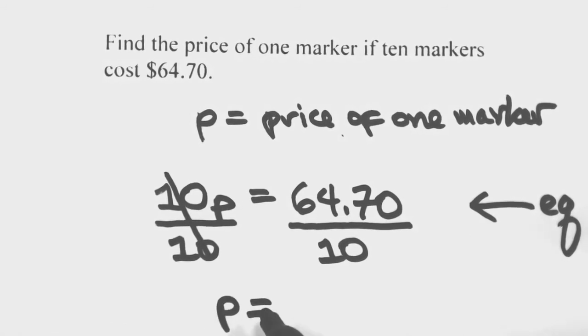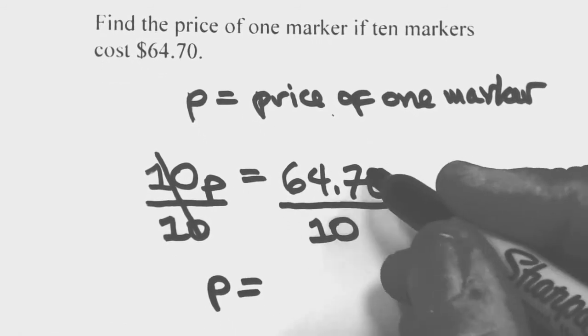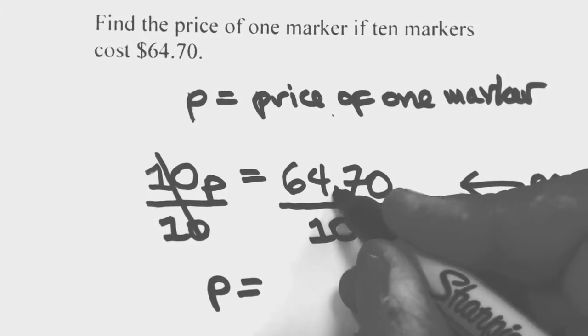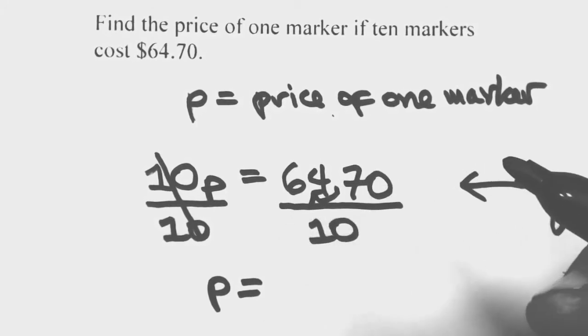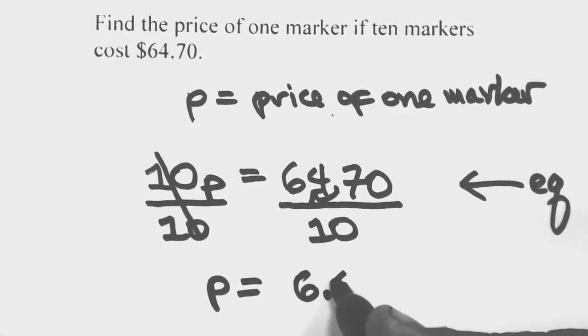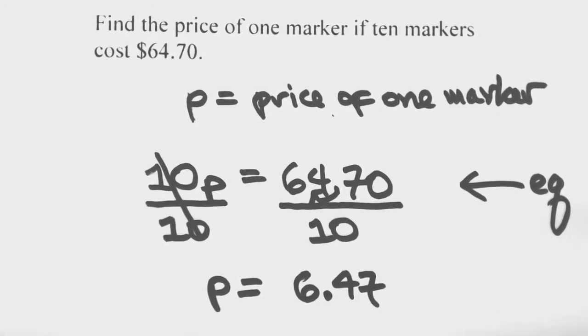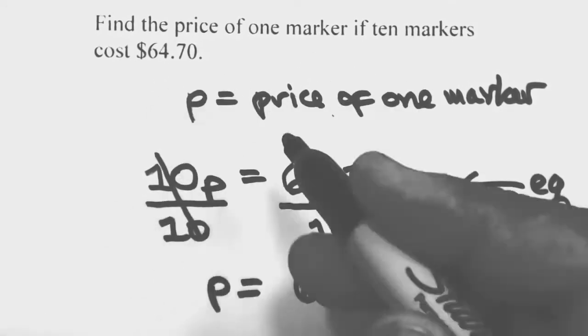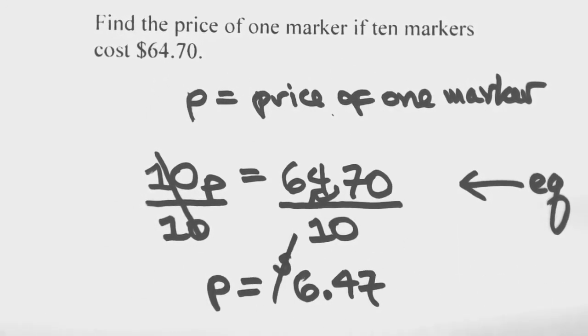We get P equals. Now, dividing by 10 moves the decimal point back one place to the left, and so we end up with 6.47. And, of course, this was in dollars, so don't forget to put the units back down. That was the cost of a single pen, $6.47.